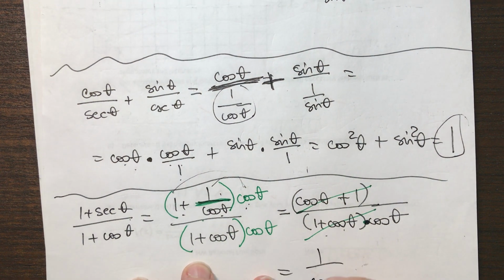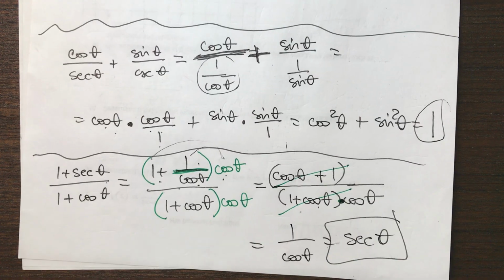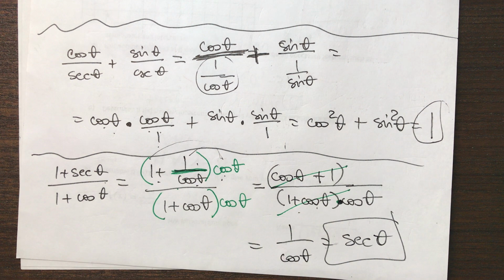So I'm left with 1 over cosine theta, which is the same thing as secant theta. I can rewrite it, and it's better than having a fraction. So it's all down to something super easy, one expression only.